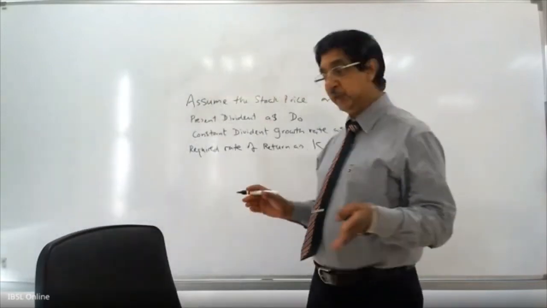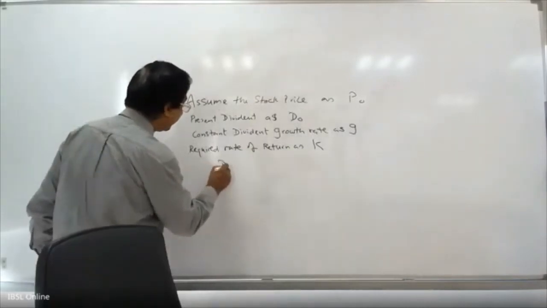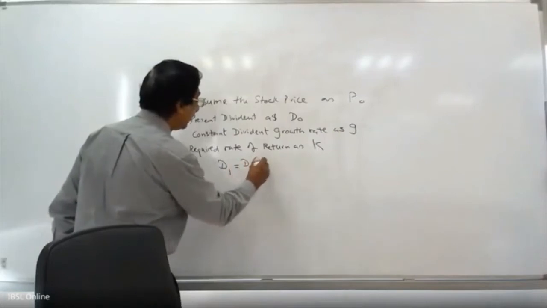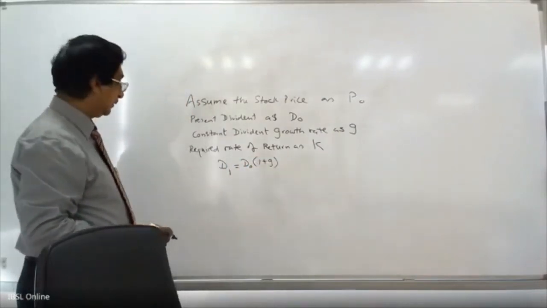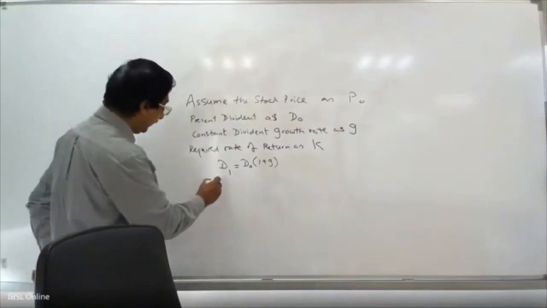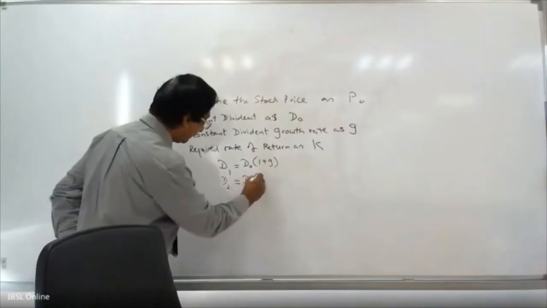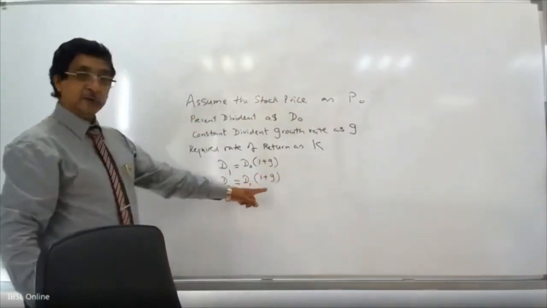Then D1 can be given as D0 into 1 plus G. Then D2 is D1 into 1 plus G.